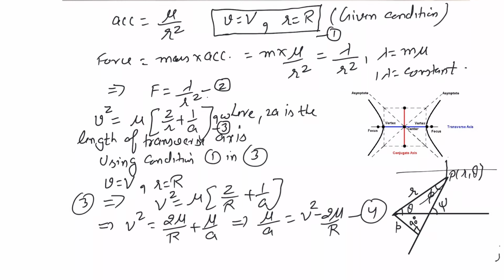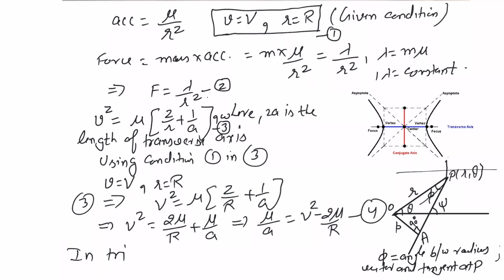So from triangle O P A, this phi is the angle between the radius vector and the tangent at P. In triangle O A P, we can see that OA upon OP is equal to sine phi.